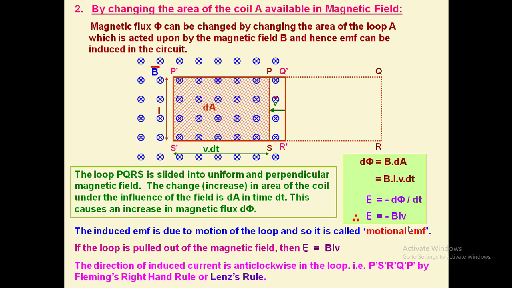The direction of induced current is anti-clockwise in the loop, which can be determined by Fleming's right hand rule or Lenz rule. According to Lenz rule, the direction of induced current is such that it opposes the cause of changing magnetic flux.